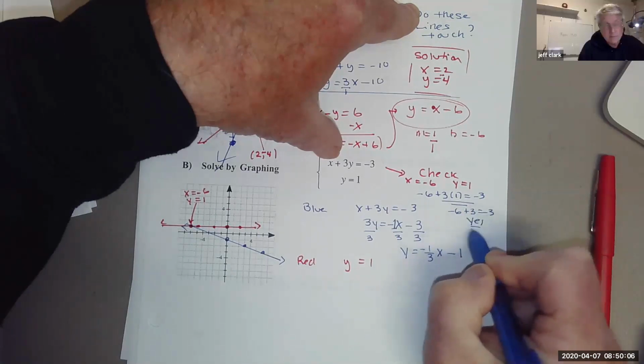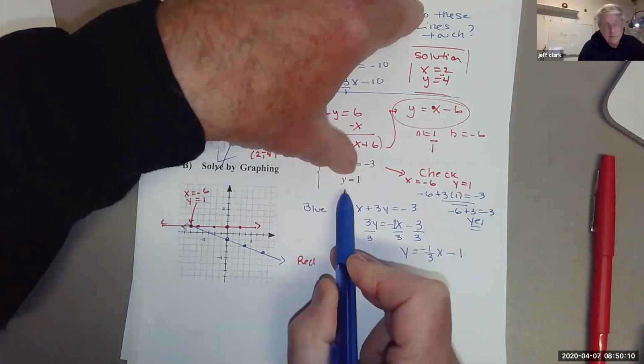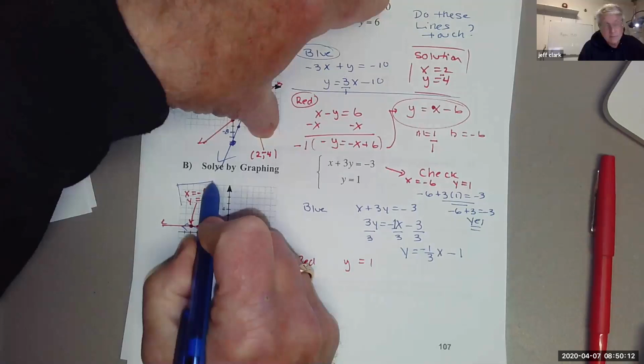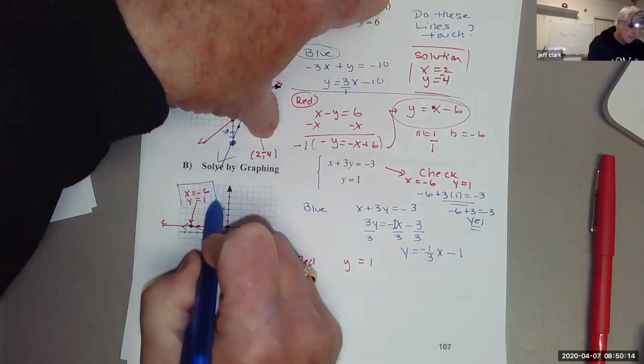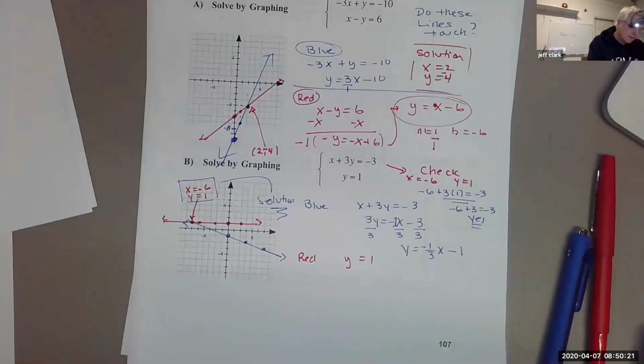And notice y is always 1 anyway. So this is my solution right here. As you can see, it's really about graphing so far, seeing where they touch and trying to find out exactly where they touch, and then checking it on the side if you need to.